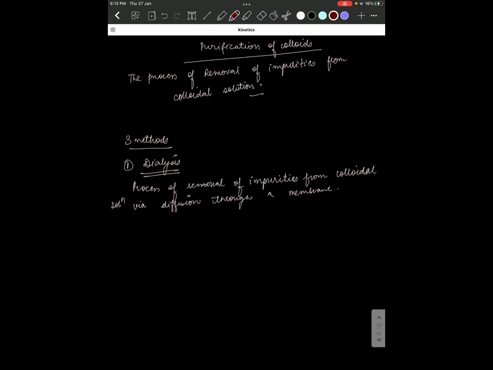Now, which membrane can it be? We will be using a suitable membrane. The membrane which is used in this is animal membrane, which can be the bladder, or it can be the parchment paper, or here we can use cellophane sheet.